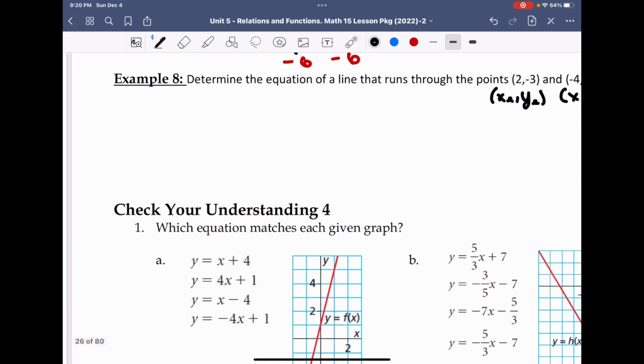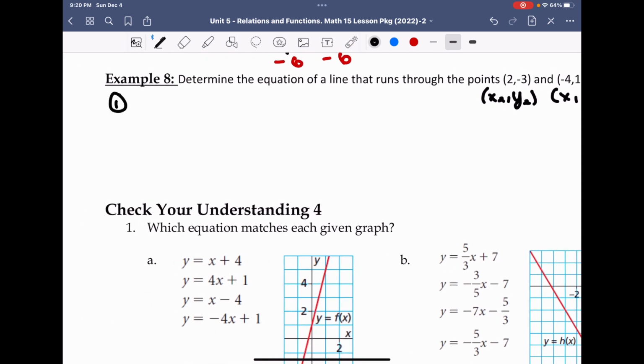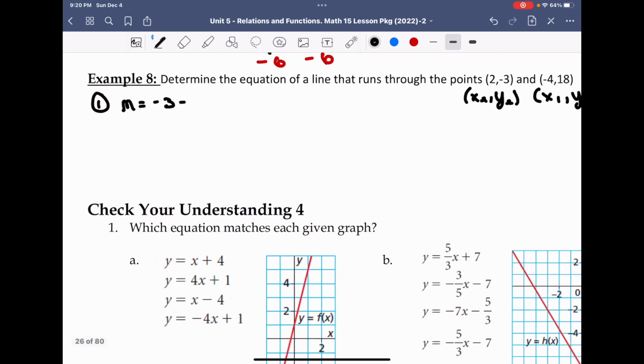To determine the slope, we need our first part, m, is equal to y2, which is negative 3, minus y1, which is 18, divided by x2, which is 2, minus the negative 4, which is x1. This gives us negative 21, divided by the double negative becomes a positive, and I have 6. And if I divide these both by 3, I get negative 7 over 2 as my slope.